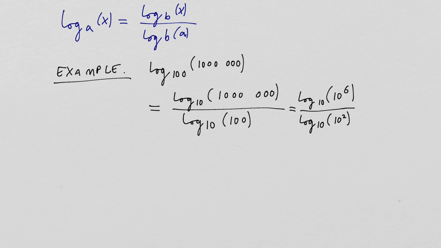So we could divide here, we could cancel out these logarithms and tens, and we would get 6 over 2, which gives 3.